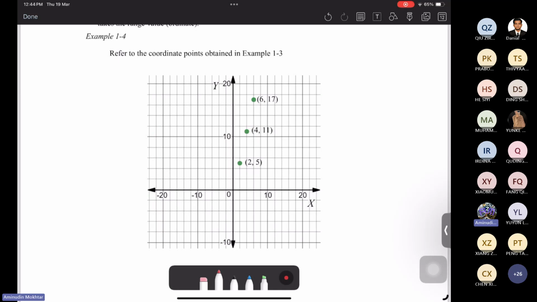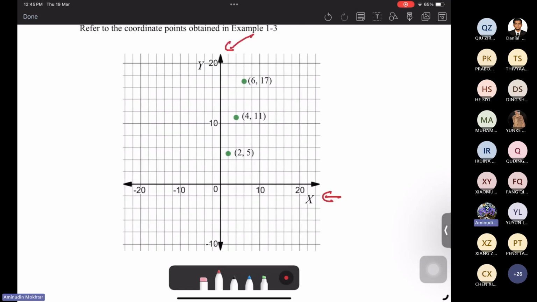The horizontal axis is the x-axis, and the vertical axis is the y-axis. The intersection between x and y is the origin point, titik asalan. At that point, the value of y and x equal 0.